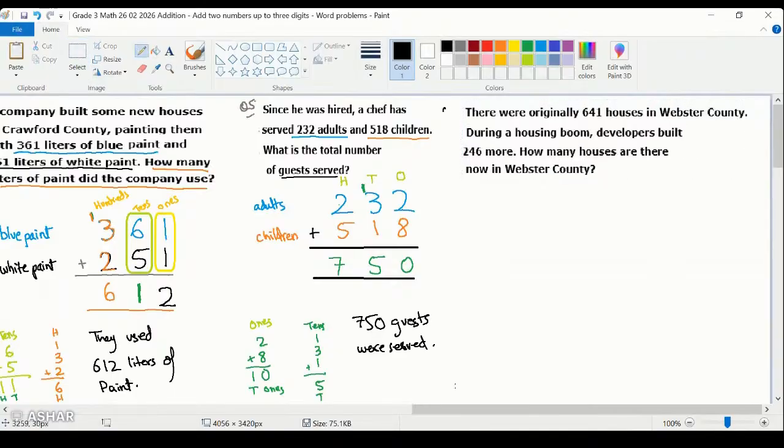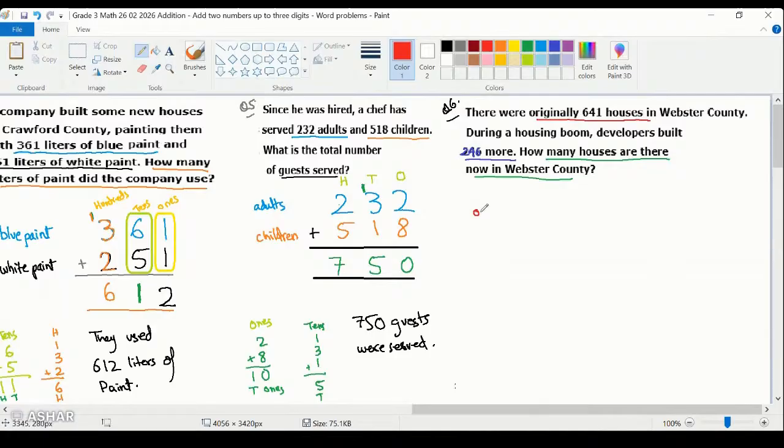Question number 6 says there were originally 614 houses in the county. During a housing boom, the developers built 246 more houses. What they are asking us is, how many houses are there altogether in the county?